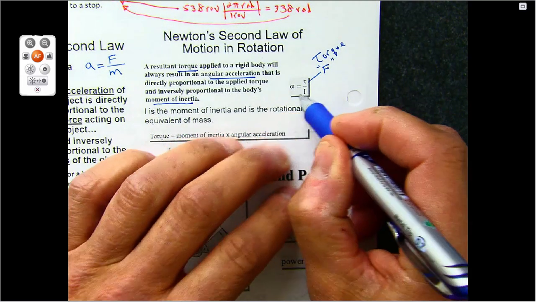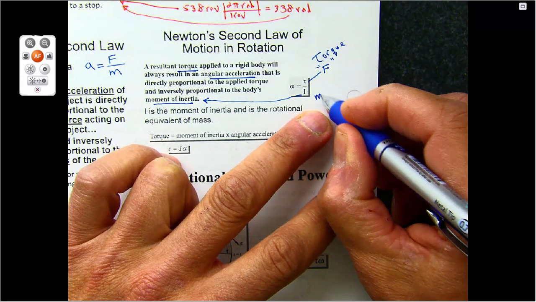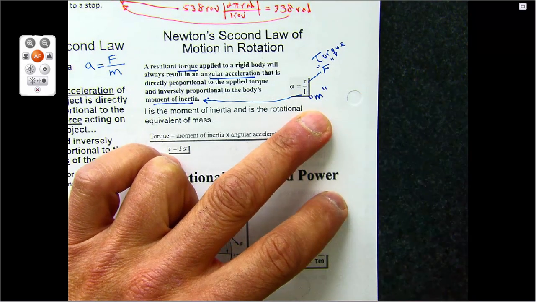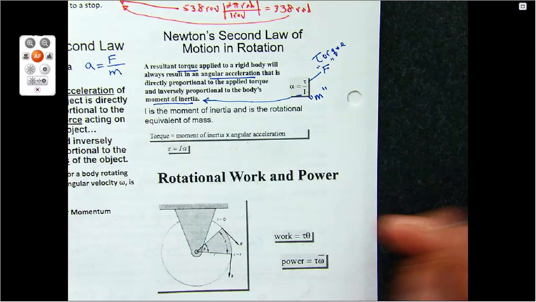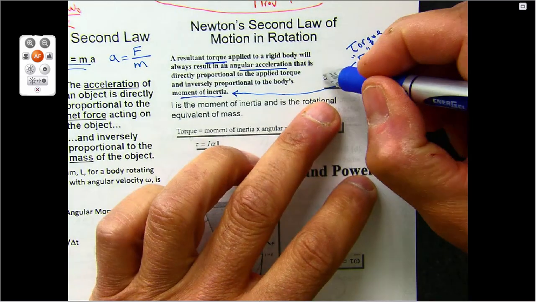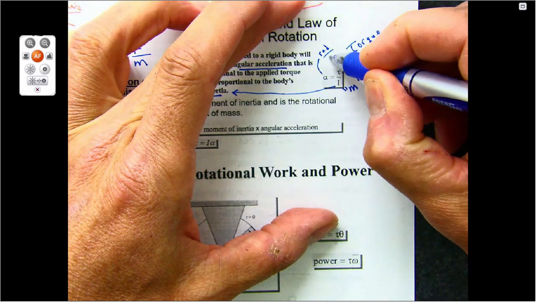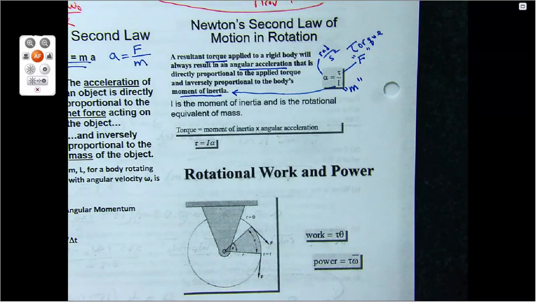This is the moment of inertia. Think of that as being equivalent to the mass. Then it should look the same. This, of course, would be in radians per second squared.